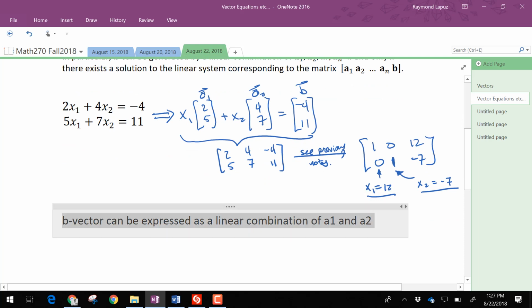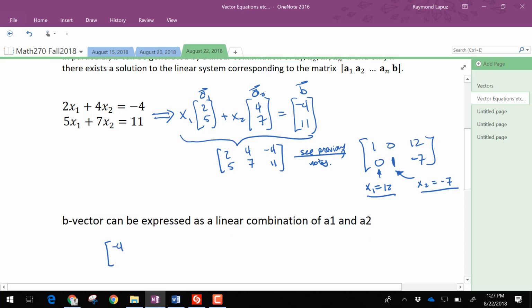And the weights, if we're going to consider weights, are going to be 12 and negative 7. So our b vector, negative 4, 11, is equal to the linear combination, which is going to be 12 times 2, 5, so a1 is equal to 2, 5, and negative 7 times 4, 7.